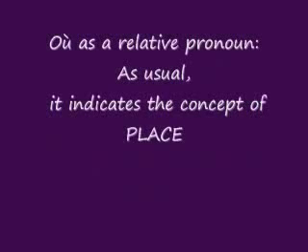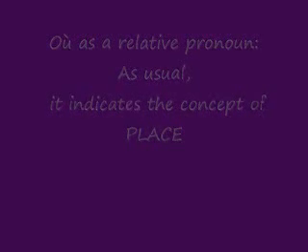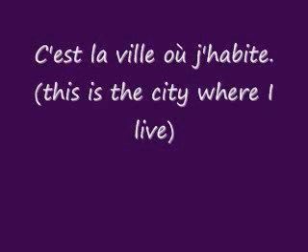The first use of où as a relative pronoun is quite obvious. It simply indicates the notion of place. So if I say c'est la ville où j'habite, it simply means this is the city where I live.